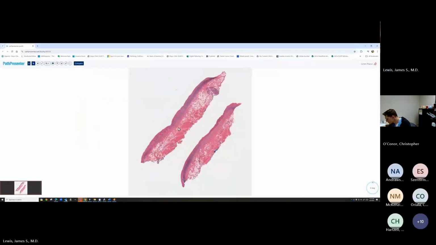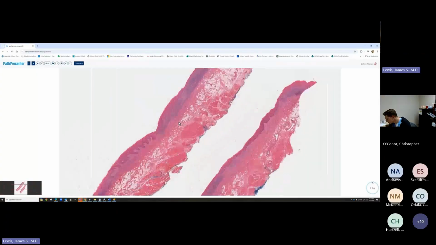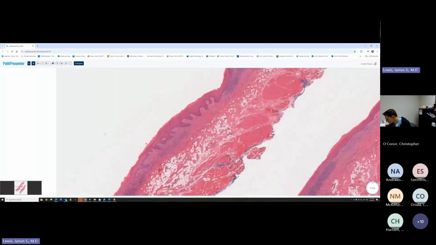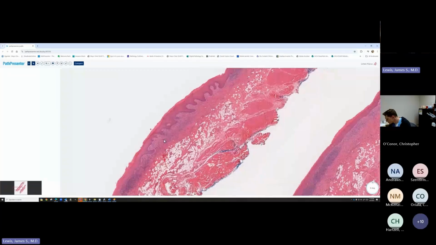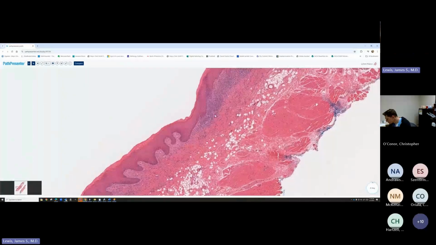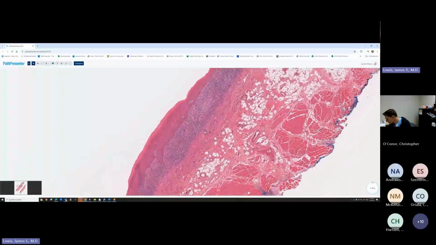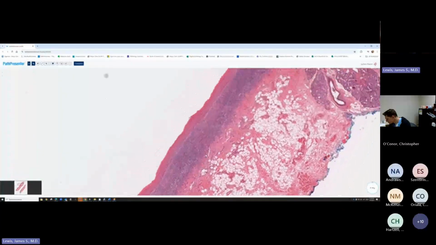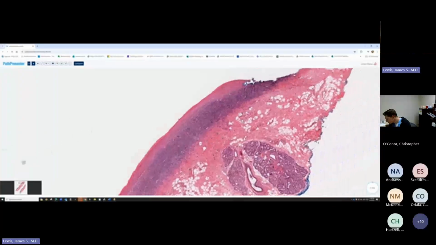Now, oral lichen planus. Okay, that's something that can give you reactive hyperkeratosis and a lichenoid inflammatory infiltrate and can somewhat mimic dysplasia, but it has a very typical clinical presentation. So this is oral lichen planus, okay?